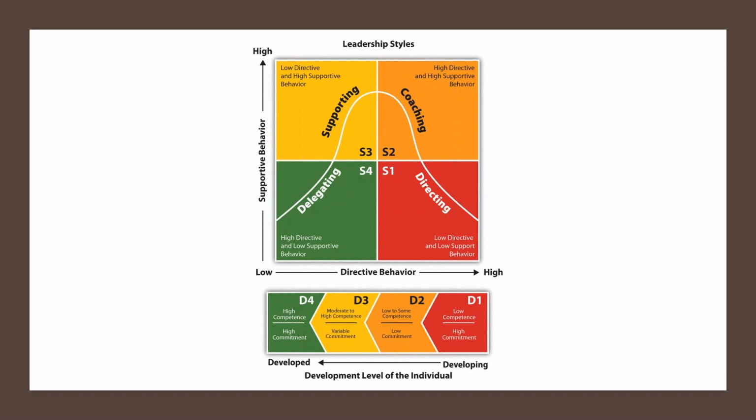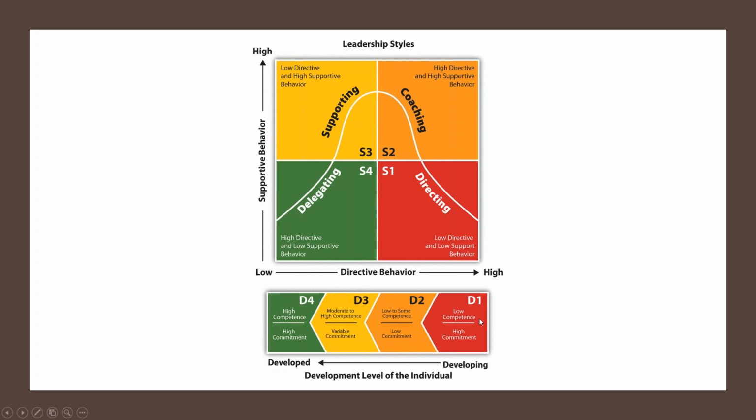Delegating because you know that the job's going to get done, and perhaps you might even adjust your style to be supporting. In other words, the door will be open, people are available to talk to you if and when they get into some sort of a problem. So that's where a good leader will flex their style depending on that.